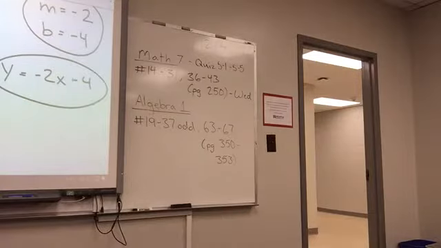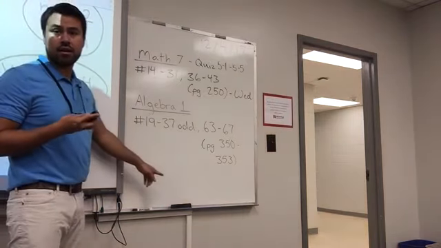And you can use those lines that are graphed there to do it real quick. And then the rest of them, you just follow the instructions. Any 2 points to figure out that slope. But make sure the points intersect right where the grid lines meet. So again, 19 to 37 odd.